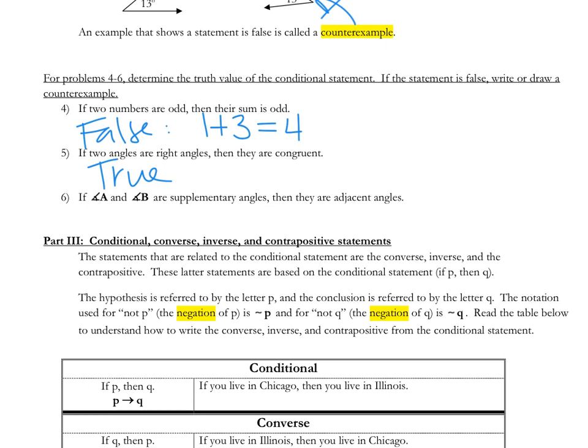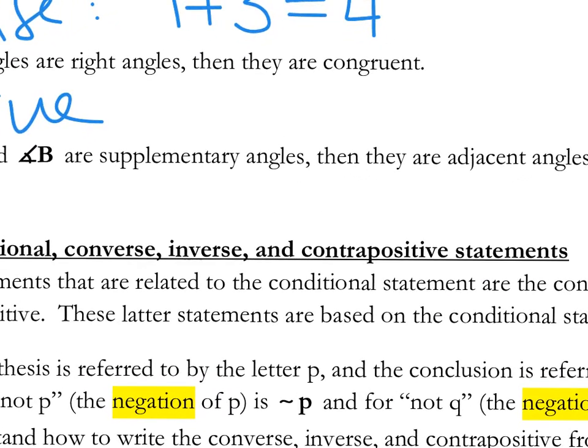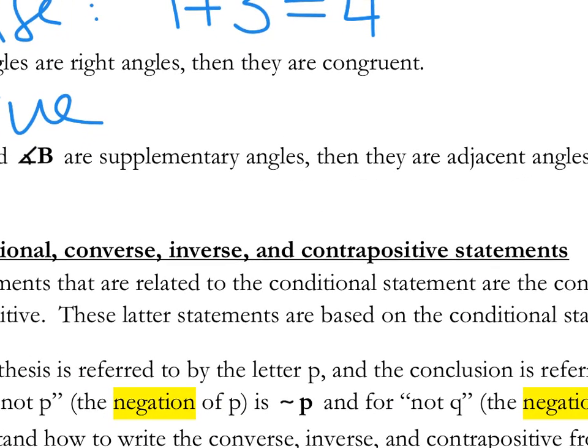Okay. If A and B are supplementary angles, then they are adjacent angles. So what we have to think about is, can I find two angles that are supplementary that are not adjacent? Yes, I can. Okay. And this is kind of an elaborate diagram that you will learn much more about later on.